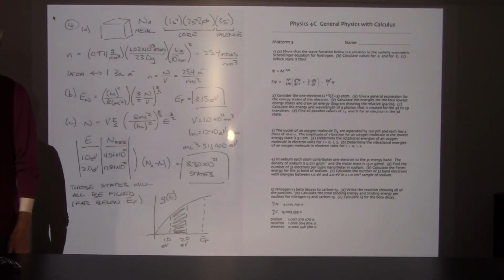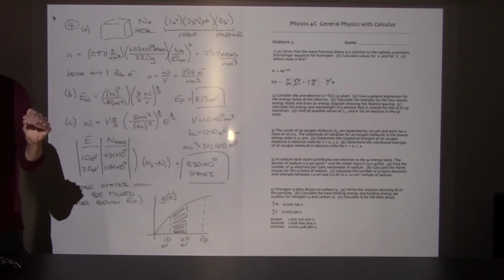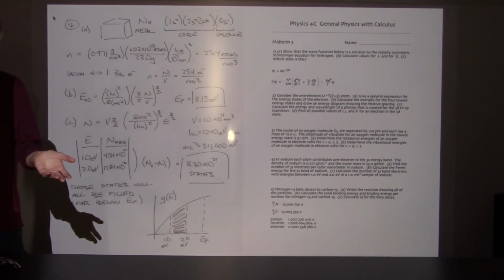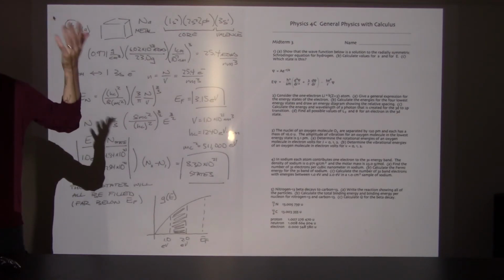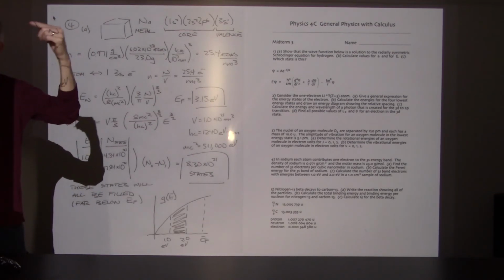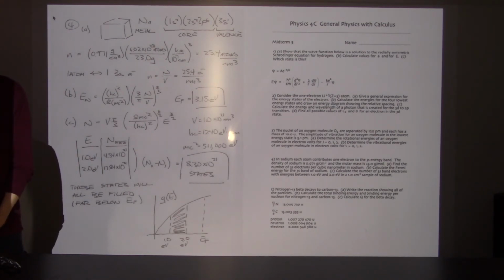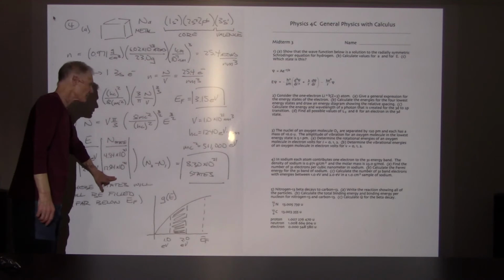We found that every state is filled with almost 100% certainty until you get within a couple tenths of an eV of the Fermi energy, and then you start to see missing electrons, and those missing electrons are in states just beyond the Fermi energy, but that happens over a pretty narrow region of just, again, tenths of an eV. So we're well below that. These are all going to be filled.